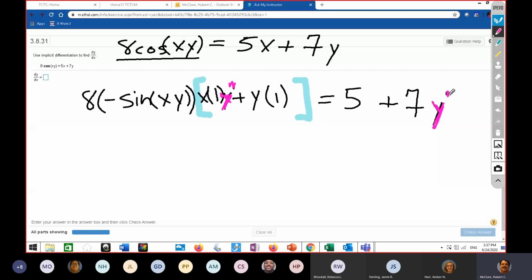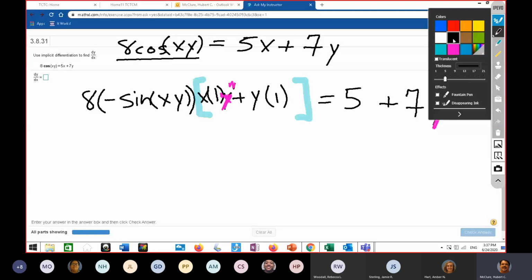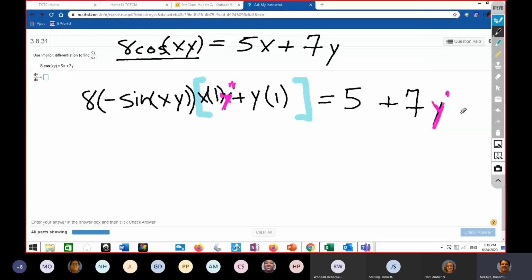Okay, so there are my y primes, and the reason I did that is because what do you have to do algebraically now? You've got to get them y primes on the same side so you can solve. So when there are multiple y primes like that, they don't cancel out or anything?